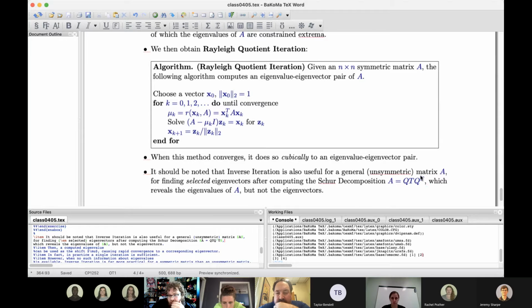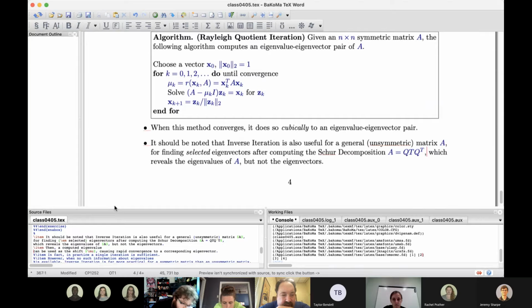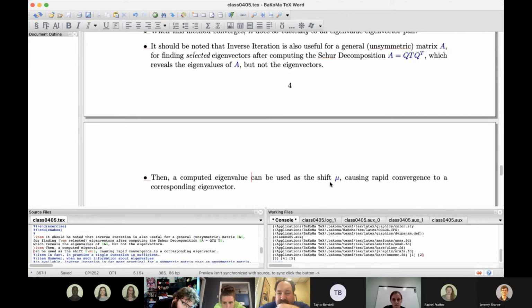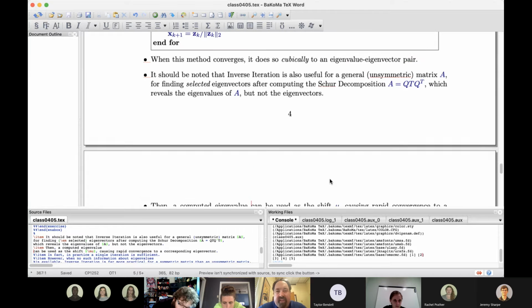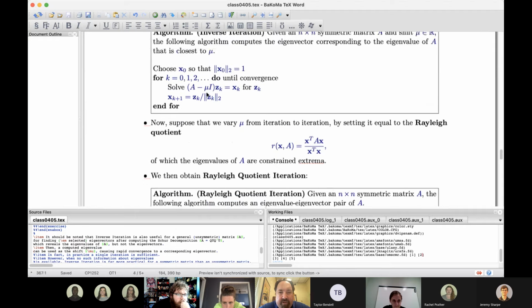But you could use the eigenvalues that you get in the Schur decomposition as the shift. Because it's already extremely close to an eigenvalue, differing from one only by round off error, you then carry out inverse iteration as I've described here with that computed eigenvalue as the shift.